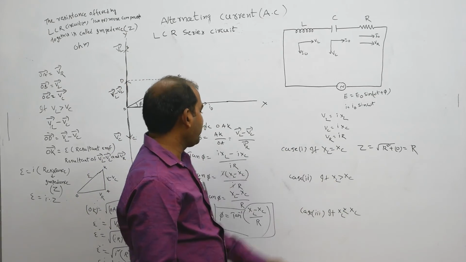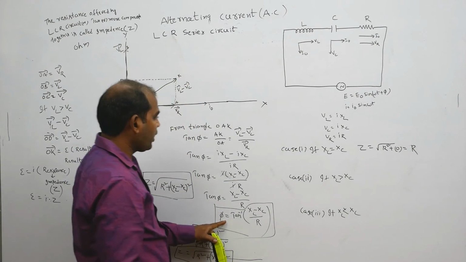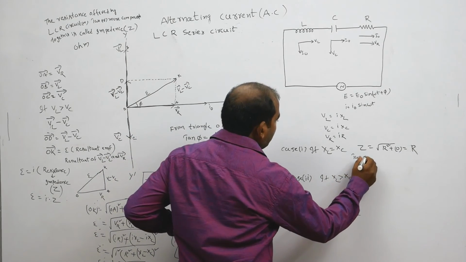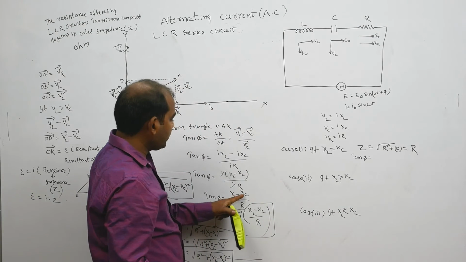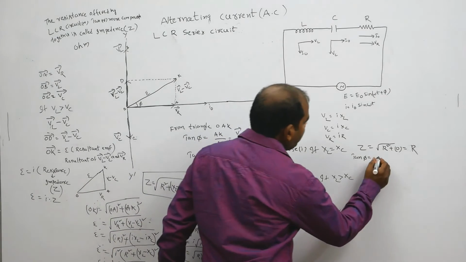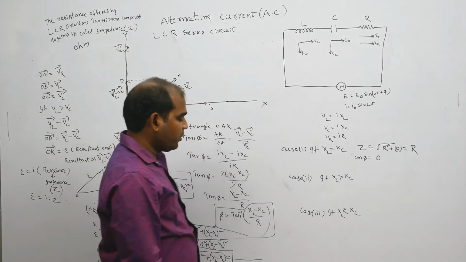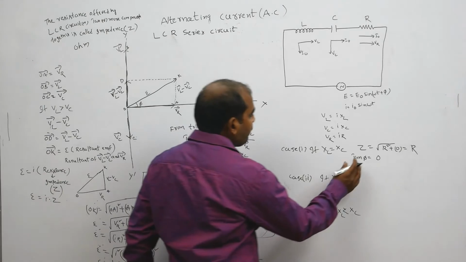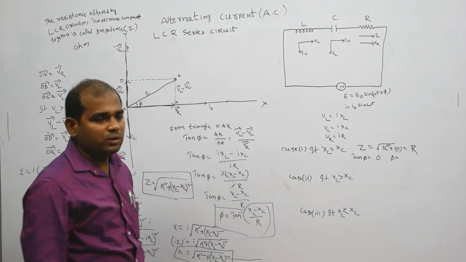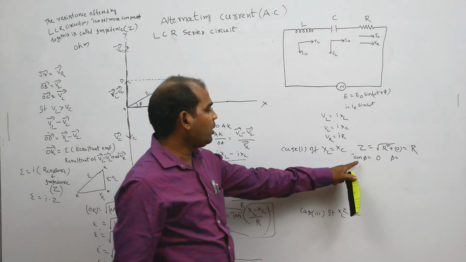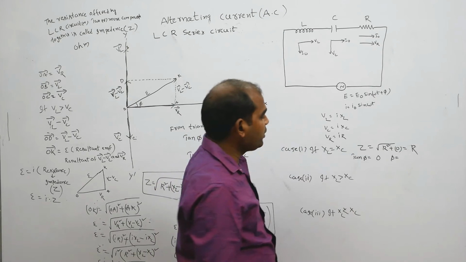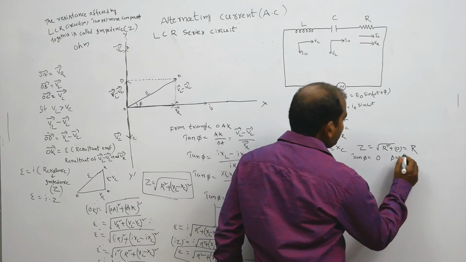If XL is equal to XC, what happens? In the tan phi formula, XL equal to XC means the value XL minus XC becomes 0. So tan phi is 0. When tan phi is 0, what is the value of phi? Tan phi is sin 0 by cos 0, that is 0 by 1, which is 0, so phi is equal to 0 degrees.